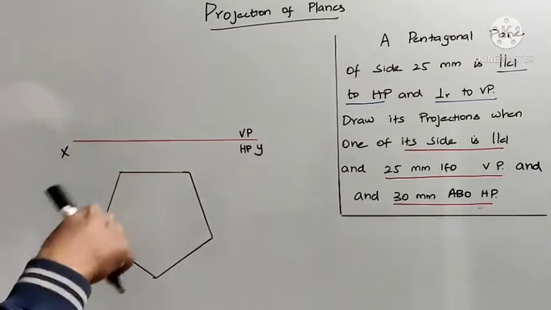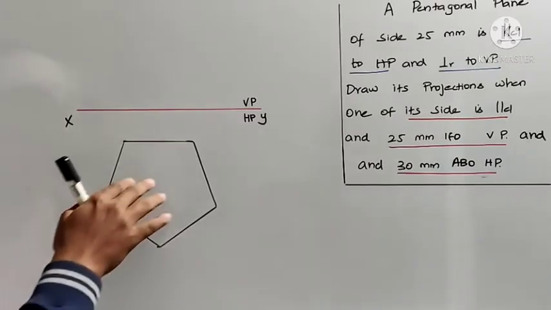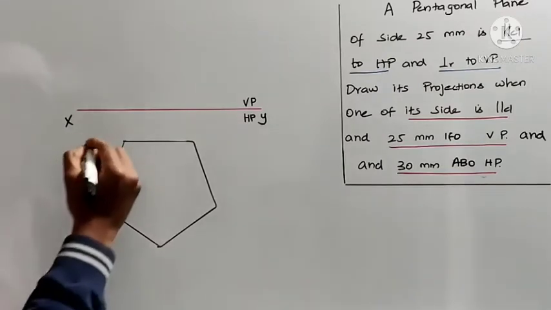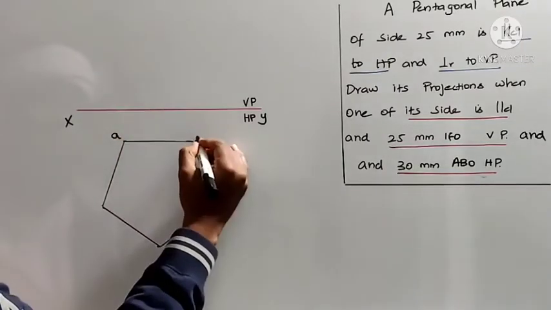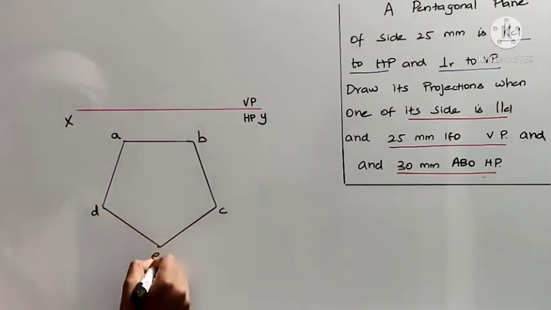Next we need to name the pentagon. Either you can use numerals or alphabets, but you should follow the standard. In the top view, if you are using alphabets, you should use small letters a, b, c, and in the front view you should use a dash, b dash. So this will be my a, b, c, d, and e.